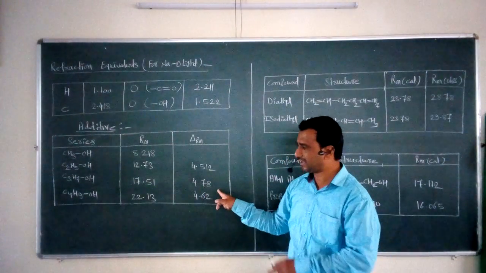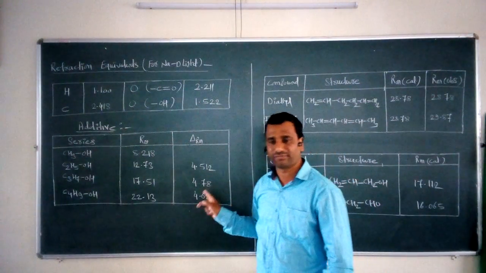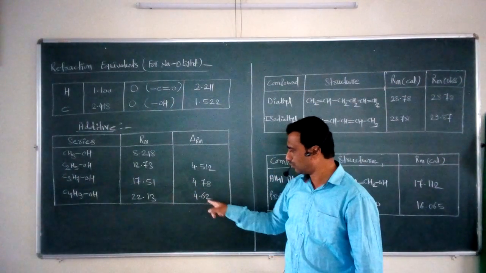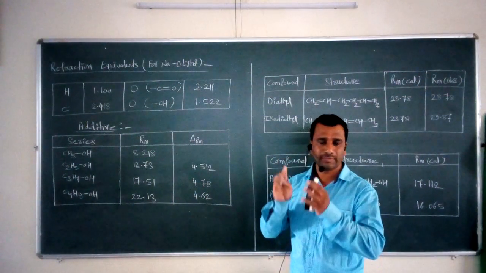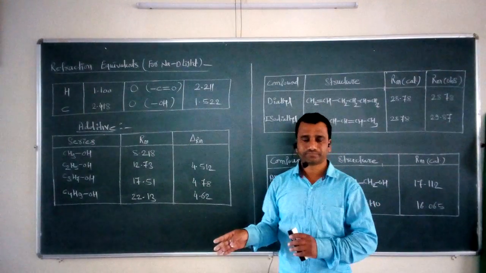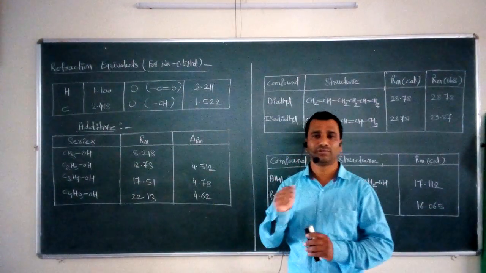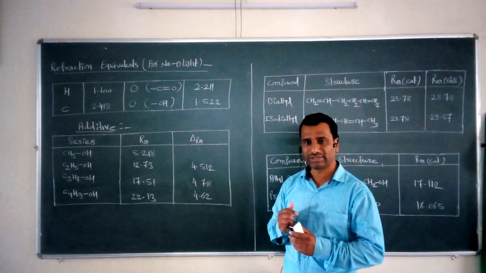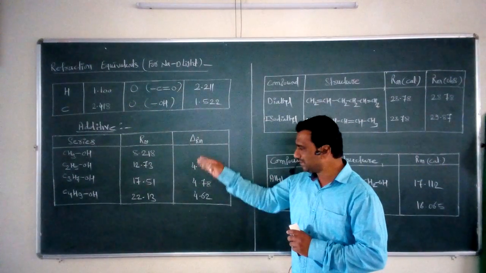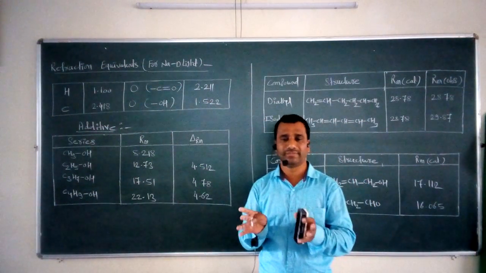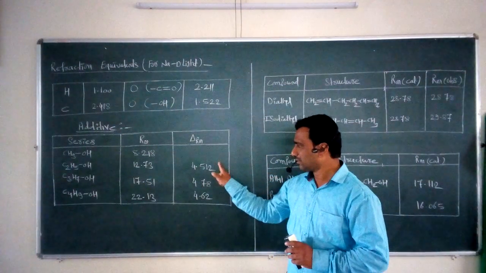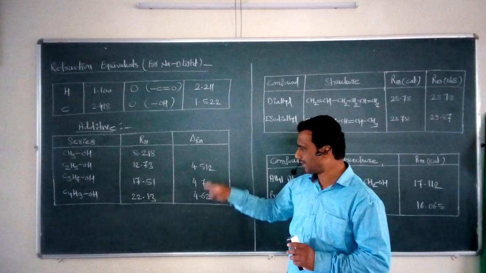And lastly, if we take the difference between the molar refraction of propyl alcohol and butyl alcohol, that difference is equal to 4.62. By observing all these differences between the molar refraction of consecutive alcohols, we can say that they show a near constant difference: 4.5, 4.7, 4.6.